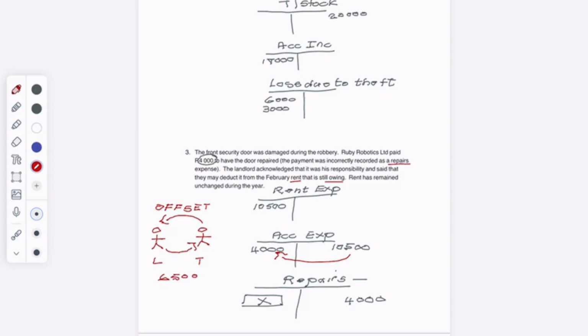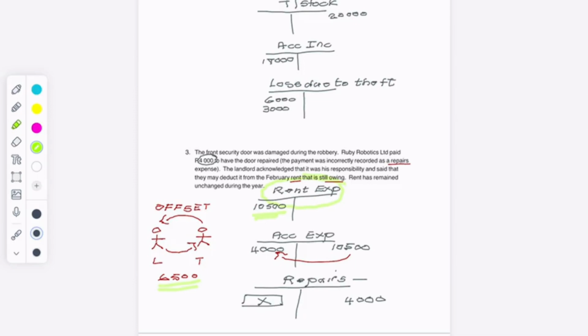So why is this important? This is important because I want you to note that the expense amount does not change. The rent stays the same. What does change is the amount that gets paid. The settlement amount is what changes.